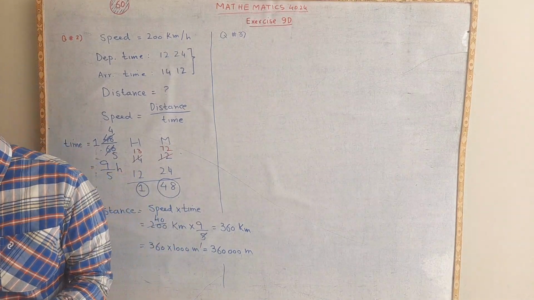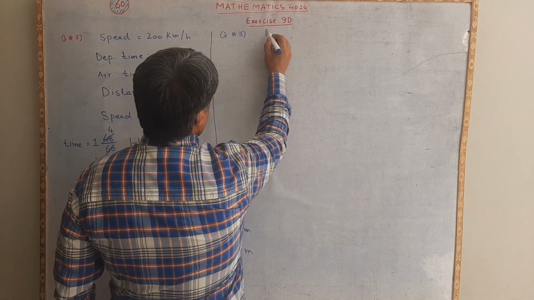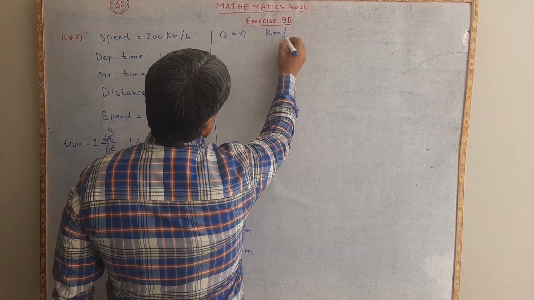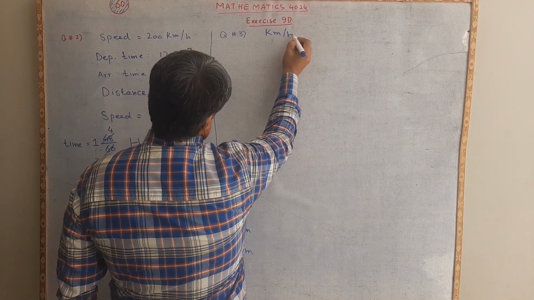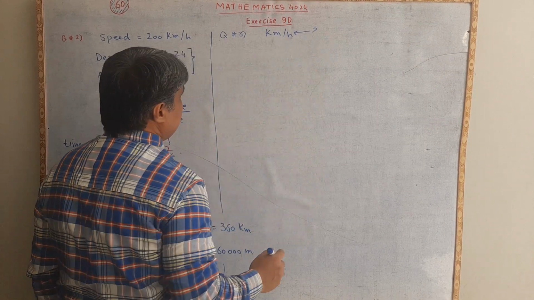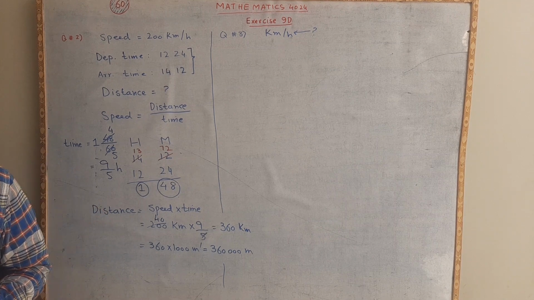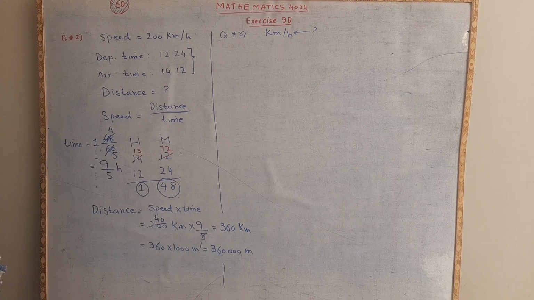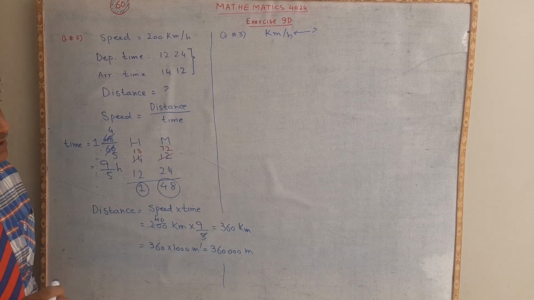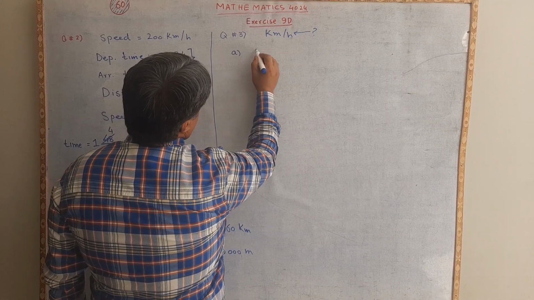The question is saying express each of the following in kilometer per hour. This is the main theme of this question. They have given you the A part, 8.4 kilometer per minute.